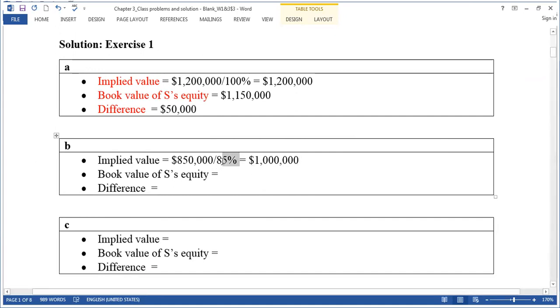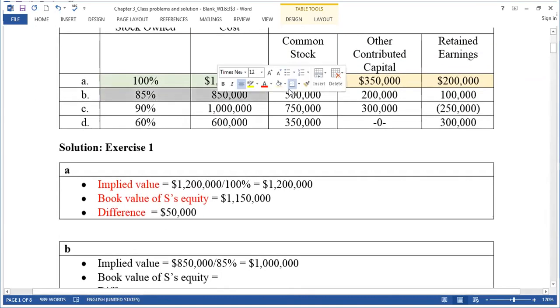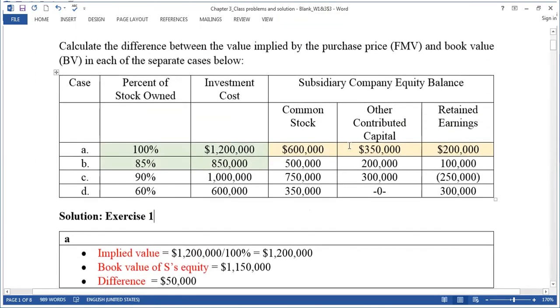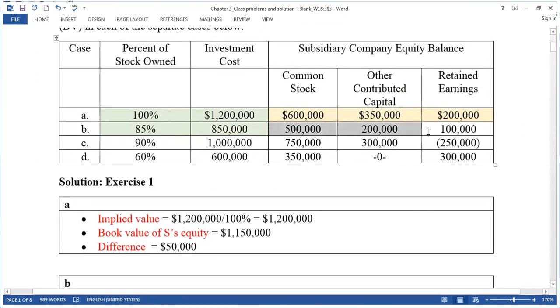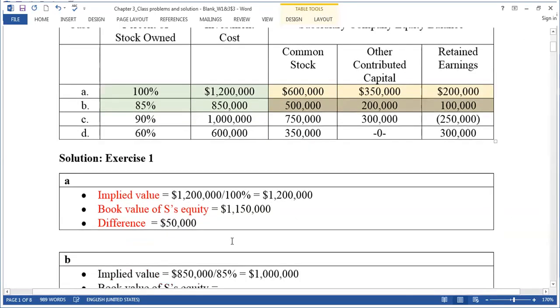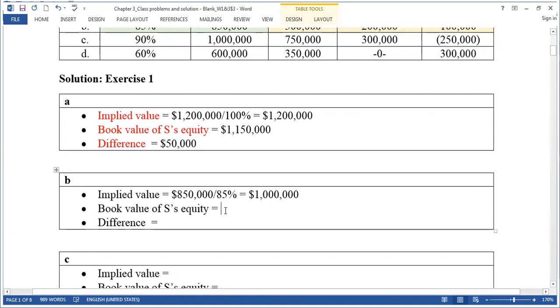So if 85% investment is $850,000, then implied value means 100% market price is $1 million. So this gives you the implied value. Now we are going to add these 3 for the book value. So here if we add these 3, then the book value is $800,000. So the difference here is $200,000.